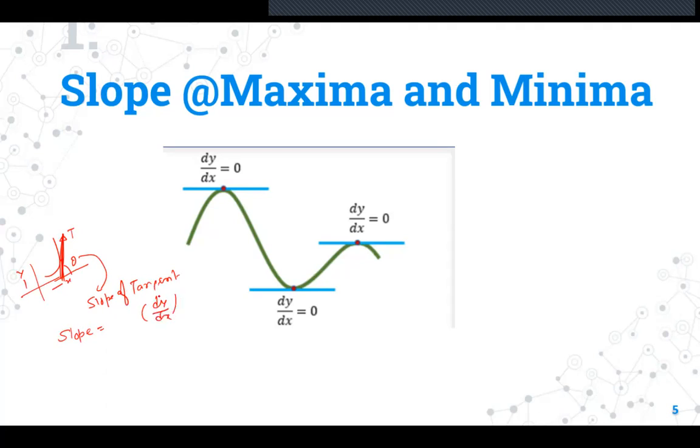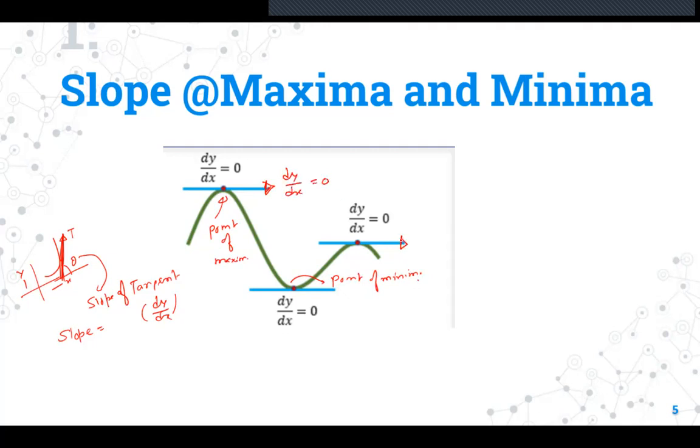Okay, now see, this is the point of what? This is the point of maxima. And this is the point of minima. Now, if we just draw a tangent over this path, you can see the tangent, the slope dy by dx is nothing but 0.